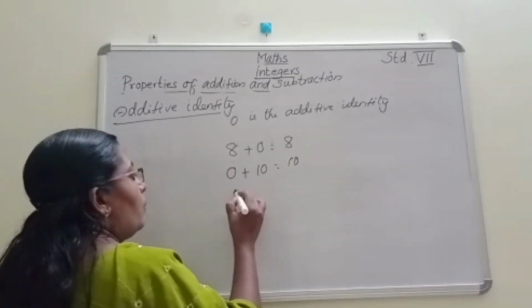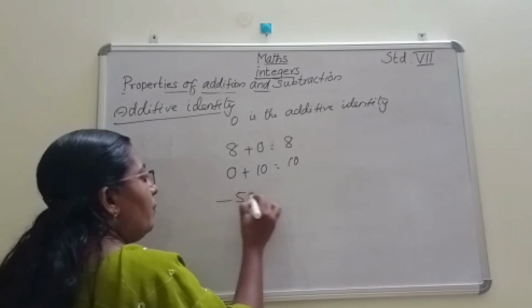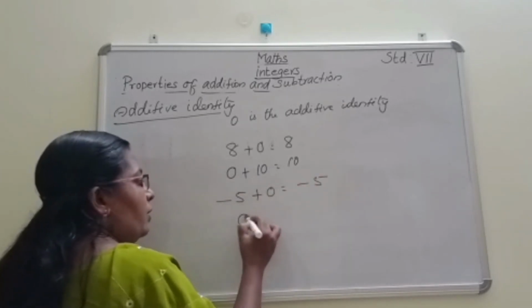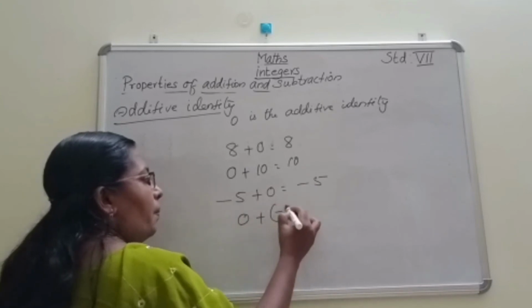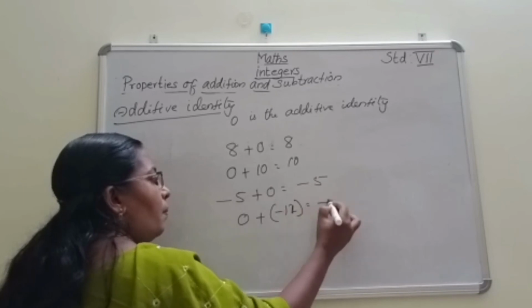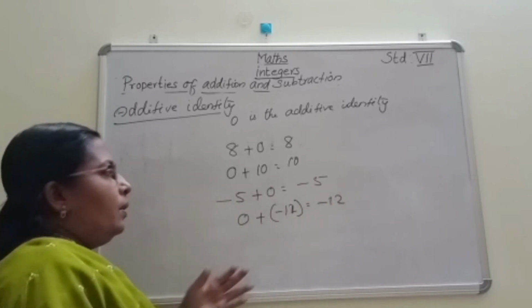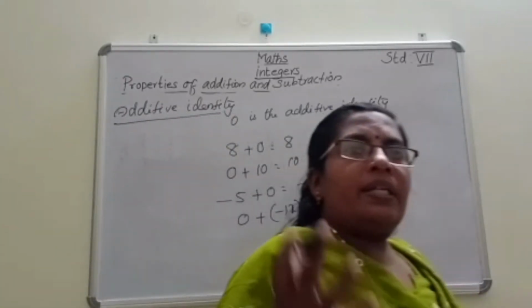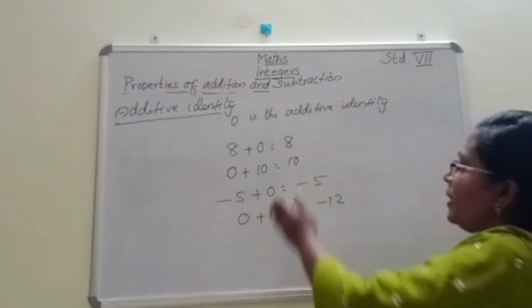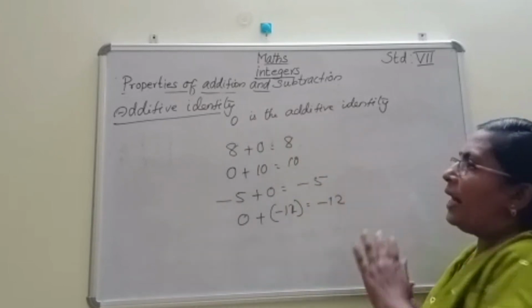So here minus 5 plus 0, minus 5. 0 plus minus 12, minus 12. Any integer added to 0 gives the same integer. So 0 is the additive identity.